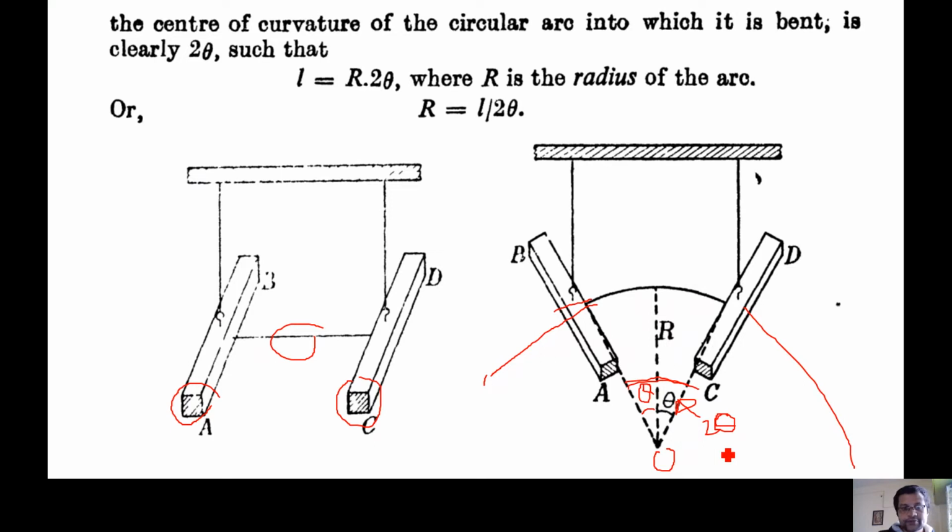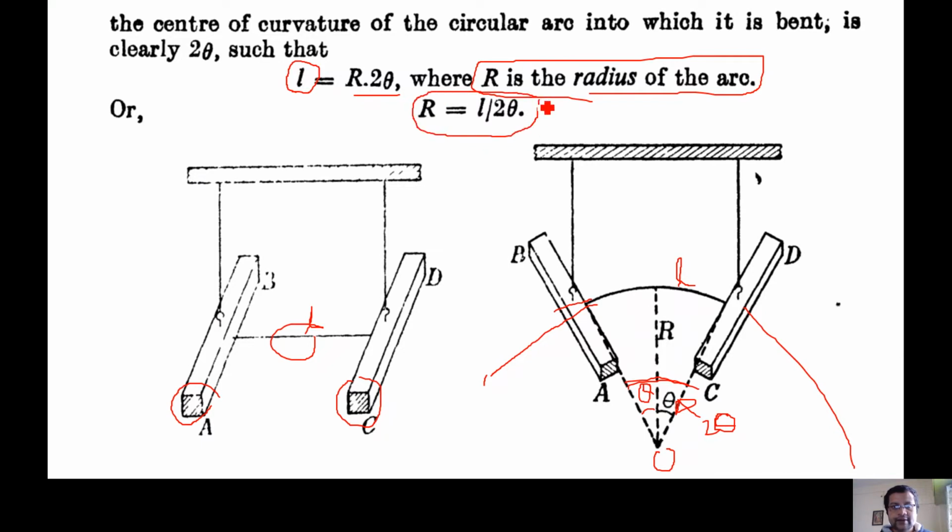If you know the radius and the angle, you can write the length. Suppose the length of this wire is L. You can express L in terms of the radius of curvature and the angle subtended. So the radius of the arc is r, L is the length, and you can express r as L over 2 theta.